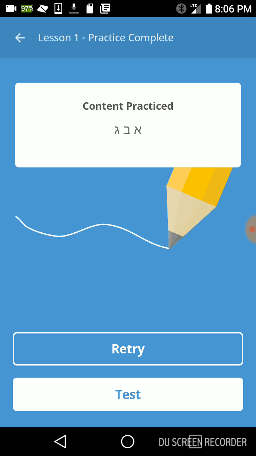So, all right. Resh. This is the R. Shin. Okay. So, I mean, this is, I guess, the tooth fairy letter.